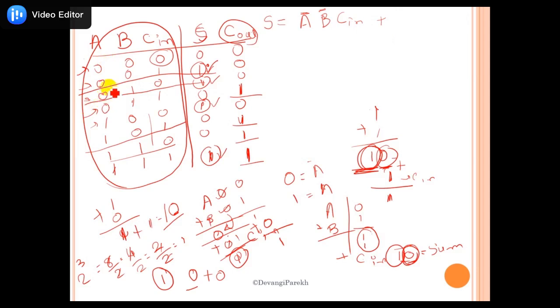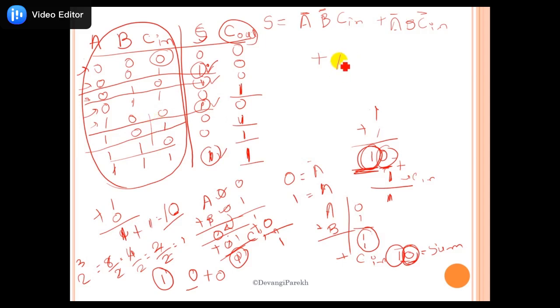Our second condition is here, where A is 0, B is 1 and C is 0. So we need to write A bar, B as it is and C in bar. Our third condition is here, where A is 1, B is 0 and C in is also 0.